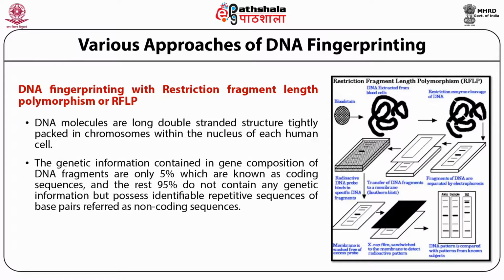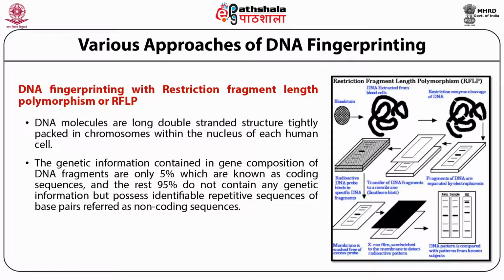Only 5% of DNA fragments contain genetic information, which are known as coding sequences, and the remaining 95% do not contain any genetic information, but possess identifiable repetitive sequences of base pairs referred to as non-coding sequences.